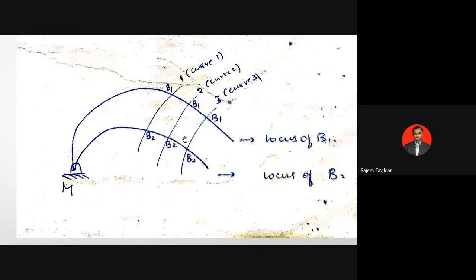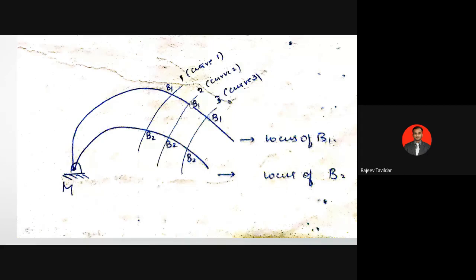For each and every mechanism, if I take just say curve 1, I know what is the B1 and B2 position. I need to find out 90 minus mu max determinant and 90 minus mu min determinant. Similarly, I'll go for curve number 2.